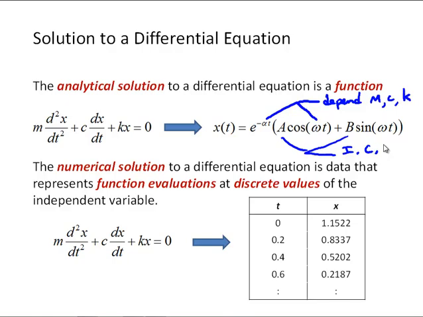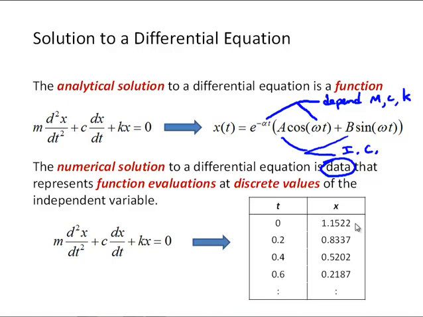Now, when we do a numerical solution to a differential equation, the result is going to be numerical data that represents function evaluations at discrete values of the independent variable. So if we did a numerical simulation of the same differential equation for the spring mass system, we would just get a bunch of numbers, numerical results, but those numbers represent function evaluations.